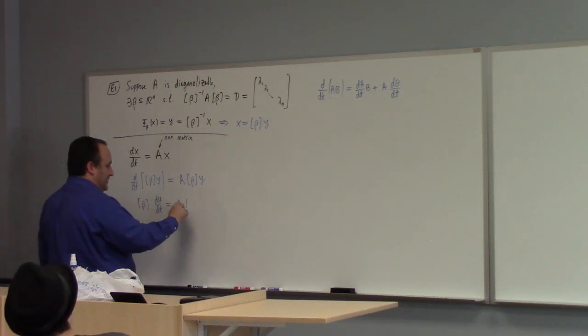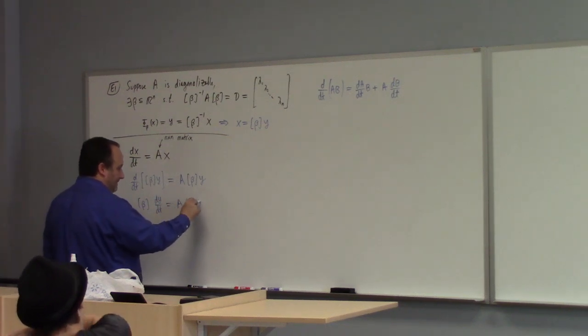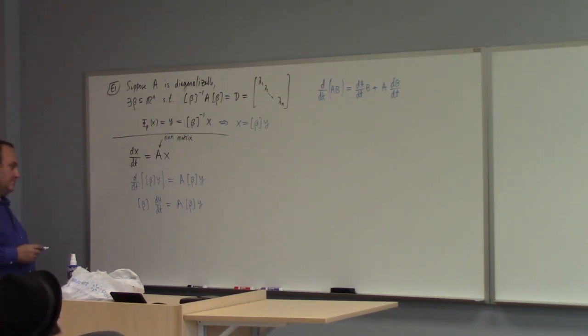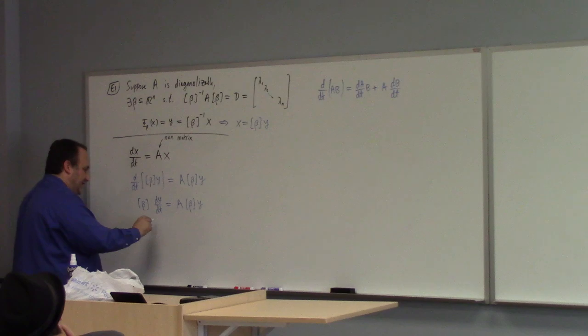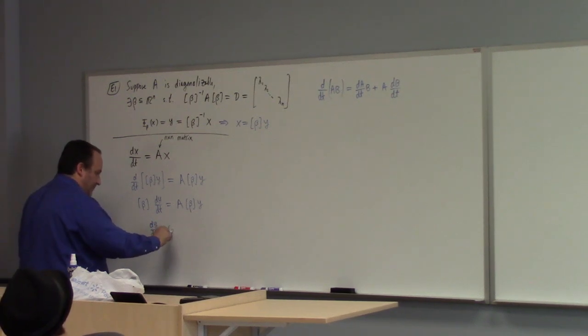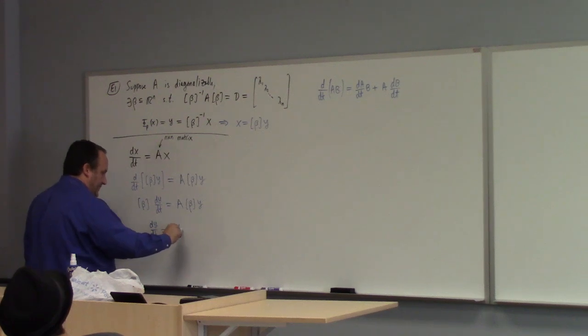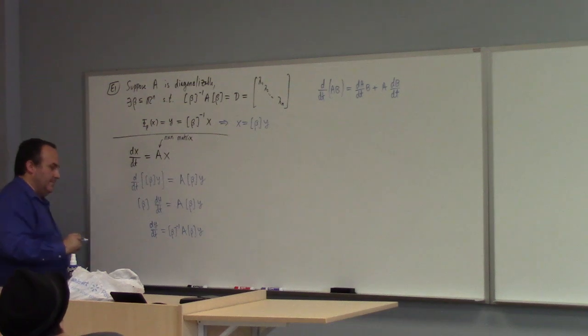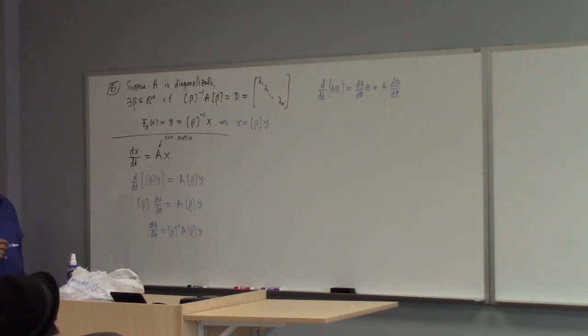Can you guys tell me what I would do next, maybe? Well then, if I multiply by beta inverse, I've got dy dt equals what? Beta inverse A beta times y, right? But what is beta inverse A beta? It's the diagonal matrix, right?